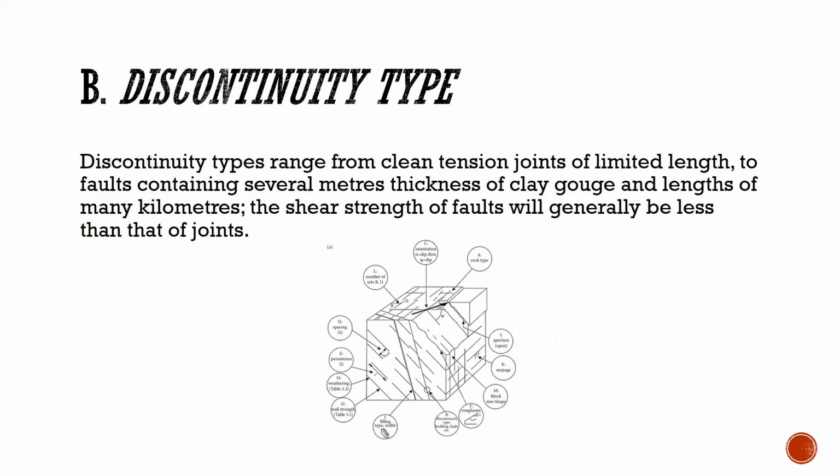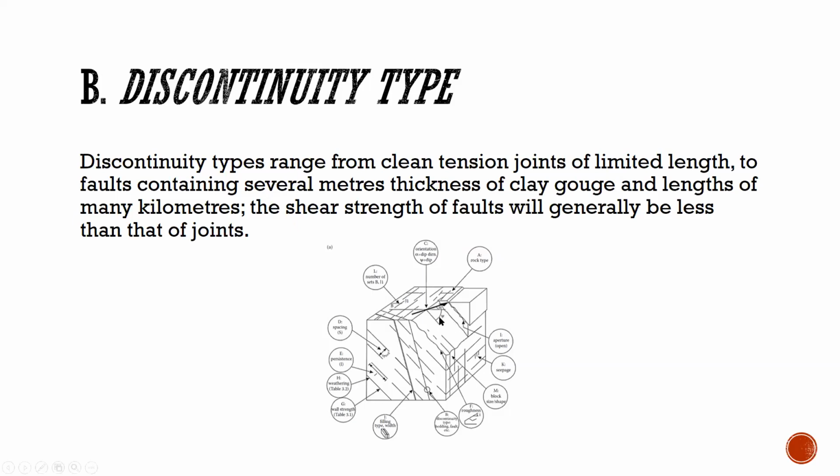Discontinuity type, that we have already discussed. There are possibly 6 types of discontinuity. Majorly, bedding and the joint we are concentrating on. So this discontinuity is a plane, a 3D structure. So the plane should have the characteristics of dip and dip direction. That is what we are measuring here.